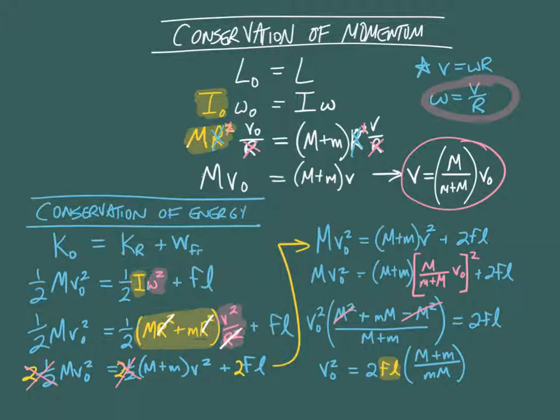And so we need to add a page here because I'm out of space. So I have V naught squared equals 2, double the work done by friction, and it was the sum of the masses over the product of the masses.